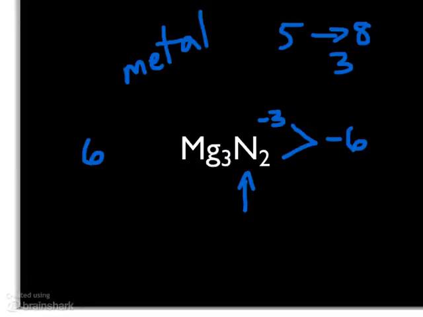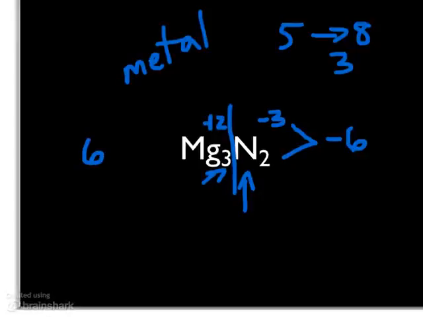So now you have the Mg3 that you need to deal with. Like I said, this half of the compound has to be +6. You already have a 3 though, so the charge of the Mg would be a +2, just to balance that out. From there, you just name it.